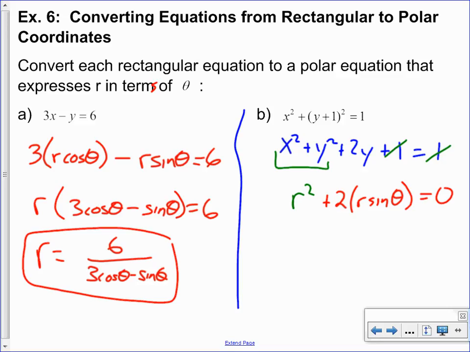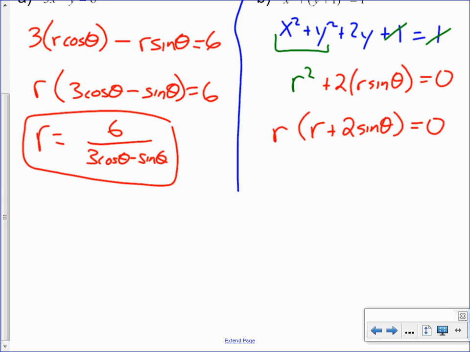Okay? GCF is r. So this should be r times r plus 2 sine theta is equal to 0. So this one says that r is equal to 0, and this one says that r plus 2 sine theta is equal to 0.